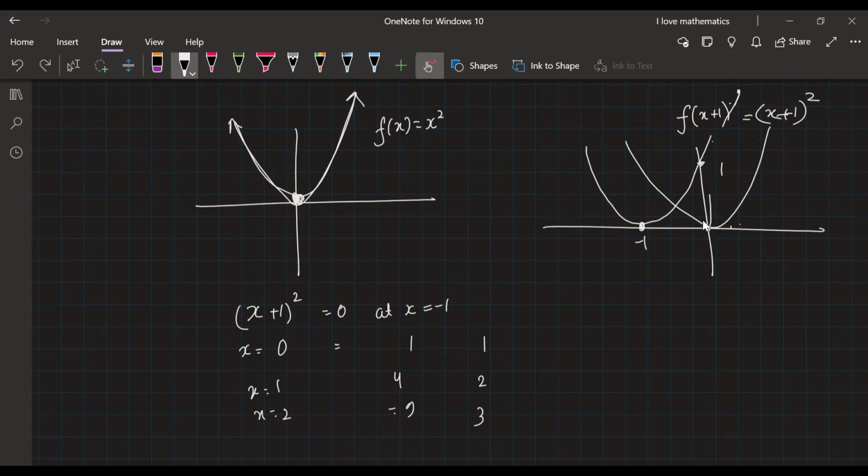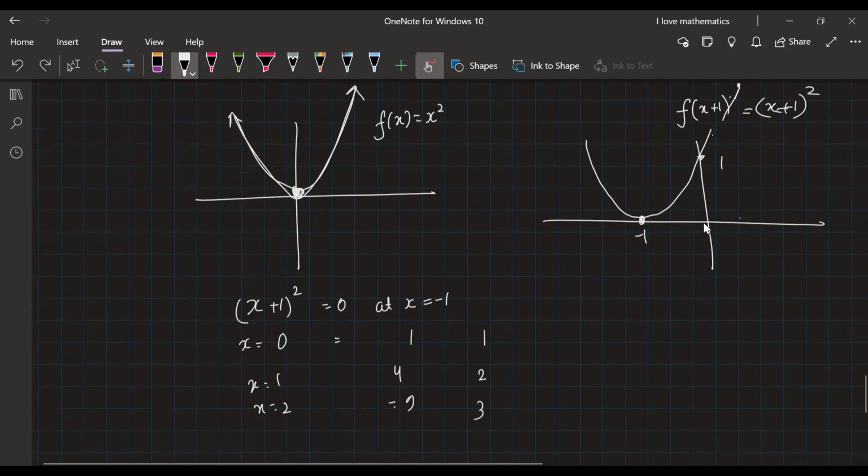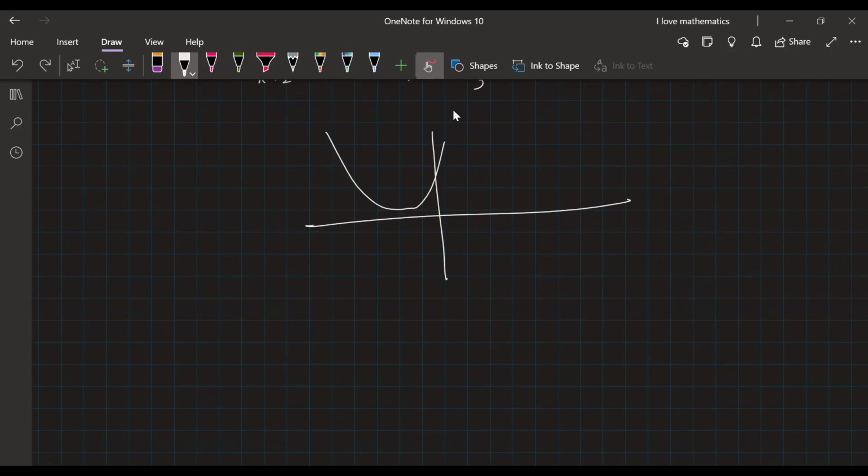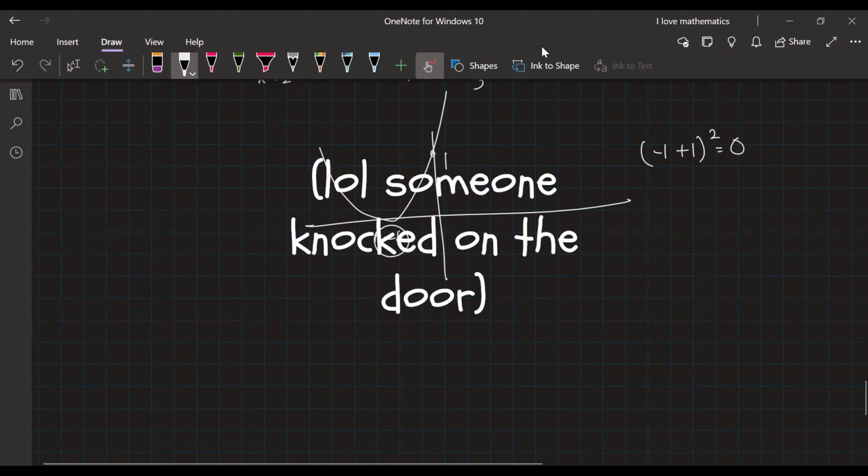So you can see the graph is shifted 1 unit before. I can't draw, no bad drawing. So at minus 1, x plus 1 squared is 0.